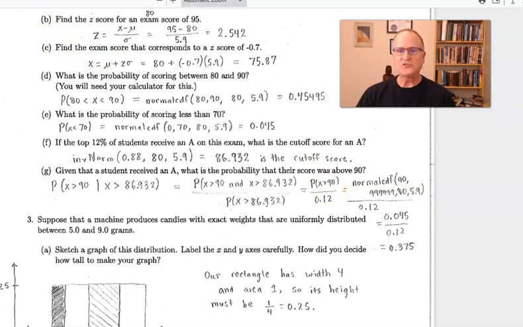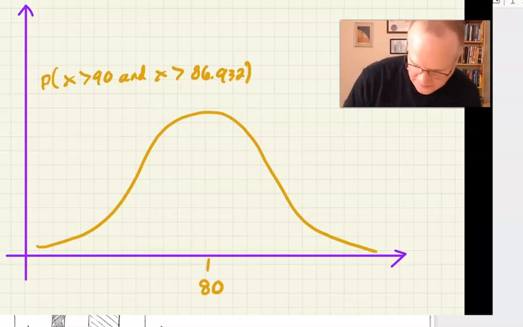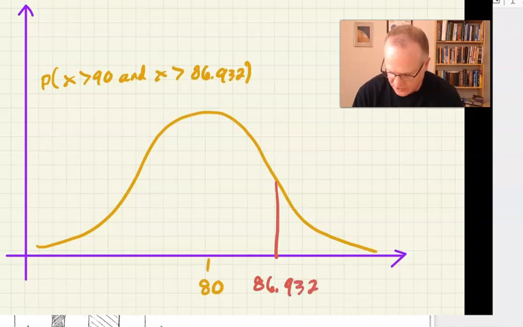So let's switch over and look at a graphic that will help us to see the logic behind this. All right, so here's that same curve, but a lot more attractive because it's in color on my iPad. So same curve, I still have 80 in the middle, and 86 is going to be closer to 80 than 90. So if I draw a line here, and let's say that's 86.932, and x greater than means that we would shade over to the right.